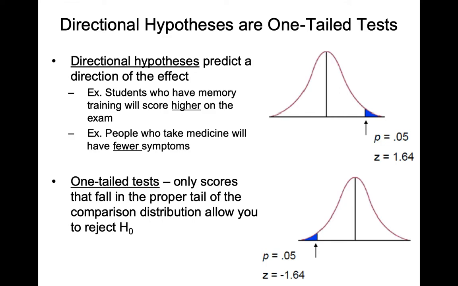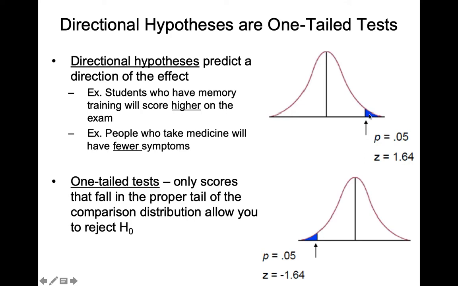So when we have a directional hypothesis, we're going to use a one-tail hypothesis test. This is a testing procedure where we've got the critical region on the comparison distribution only on one side, okay? So when we predict that the direction of the effect is going to be an increase, we place our region of significance in this tail, okay?